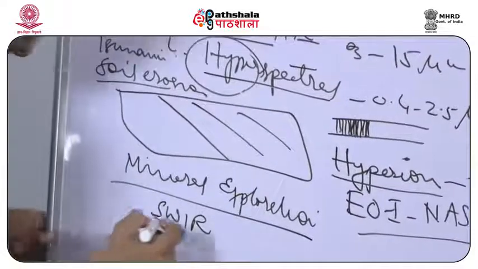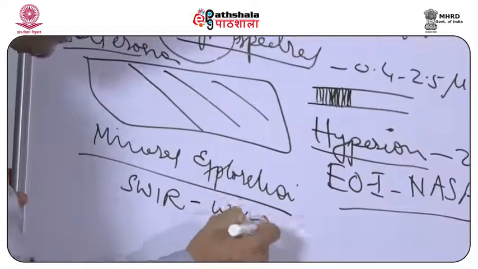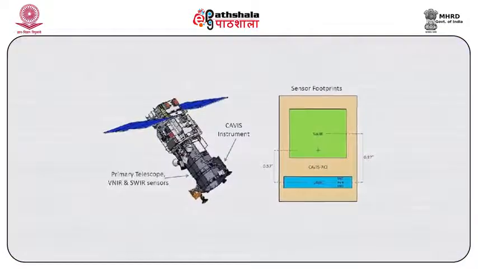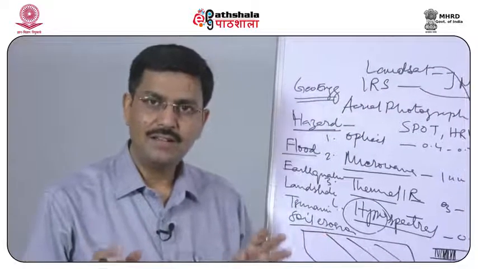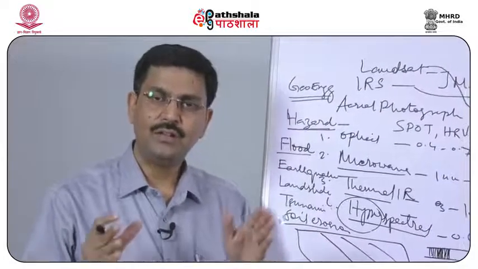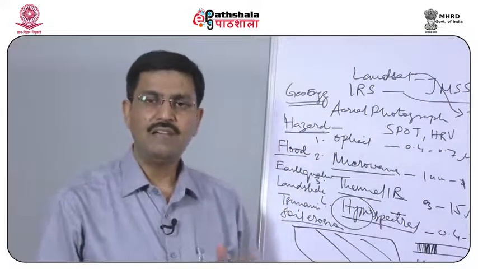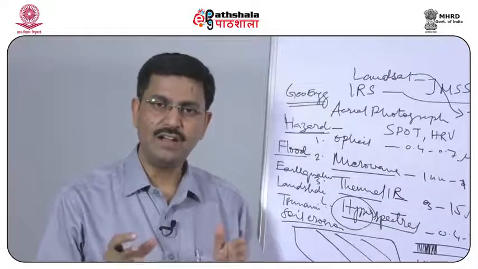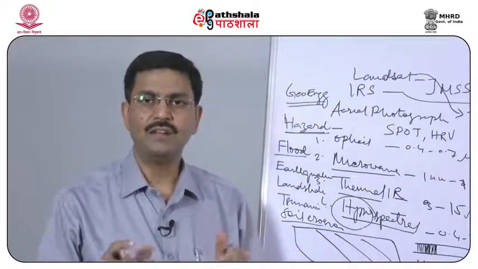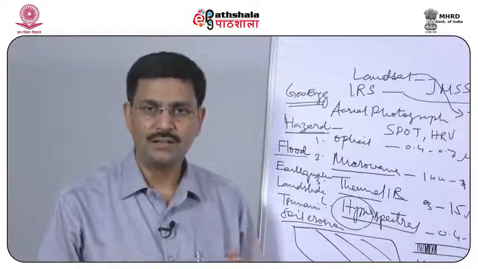In the SWIR band, there is a satellite called WorldView 3. WorldView 3 data in the SWIR region senses the earth surface features in fine narrow bands, where we can discriminate and see the different mineral deposition, where there are different minerals in a part of the surface of the earth.